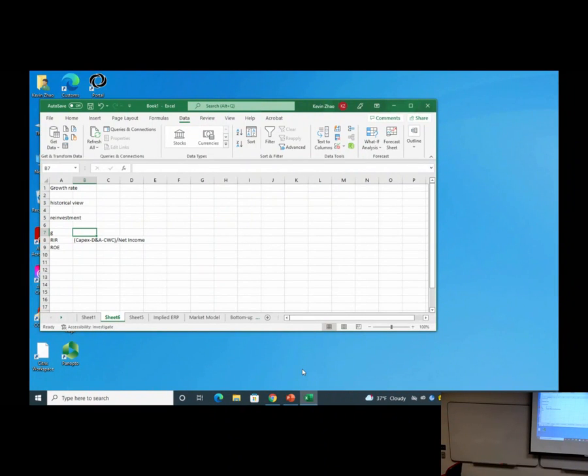Next year means 2022, right? This 2022. You see? So all these things are helping you to show the audience why you are getting certain numbers in your financial valuation model.